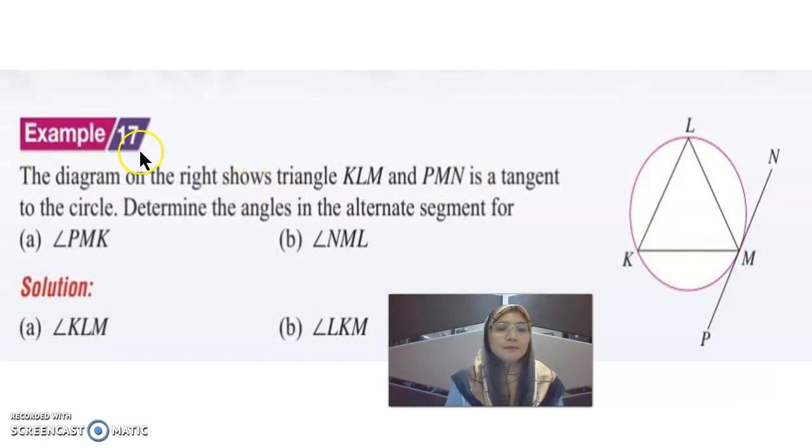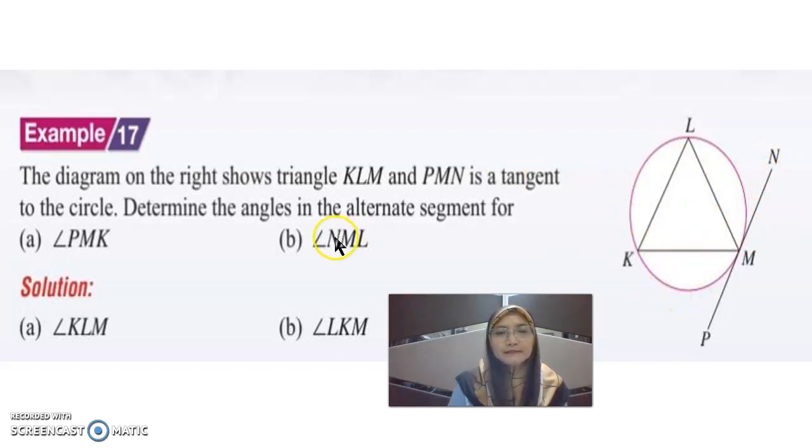Look at example 17. The diagram on the right shows triangle KLM, and PMN is a tangent to the circle.